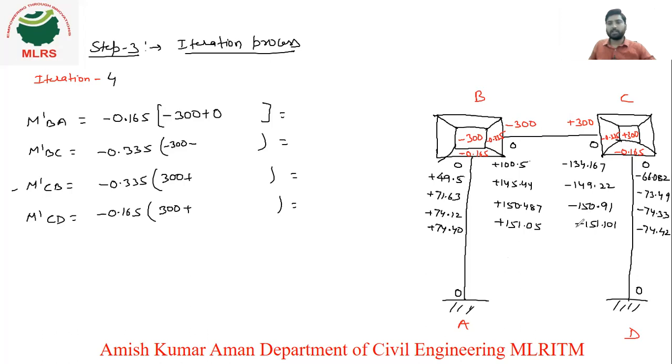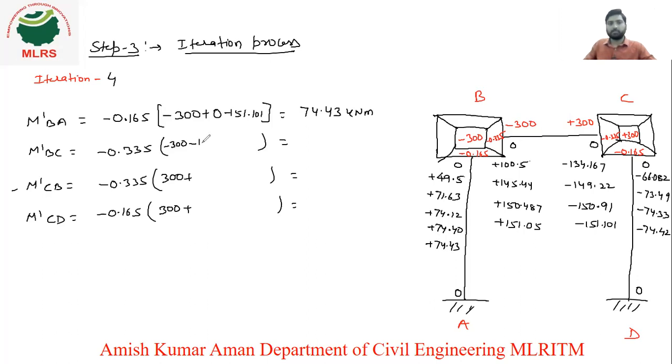At B it is minus 151.101. So we have calculated for BA, A is 0, B is this much. So we will calculate this as 74.43 kilonewton meter. So this is plus 74.43.